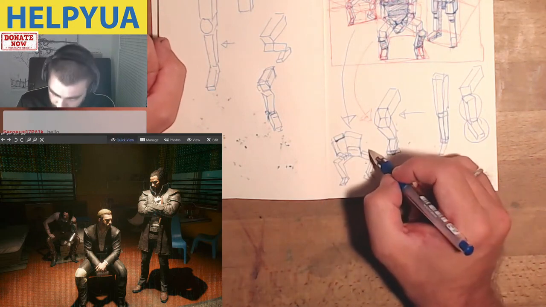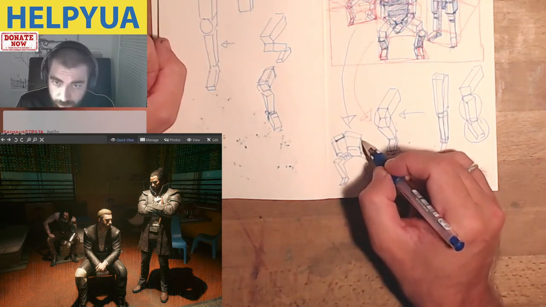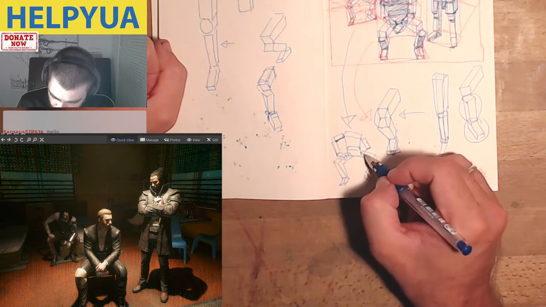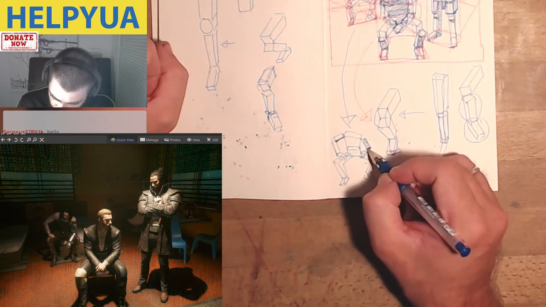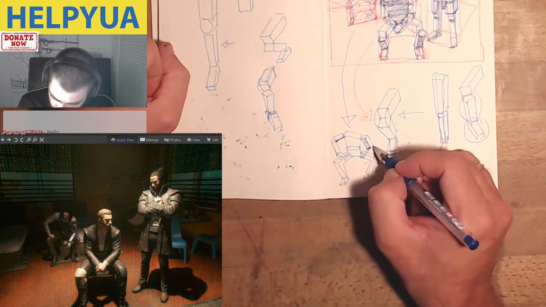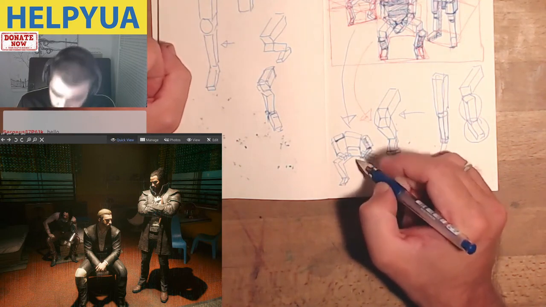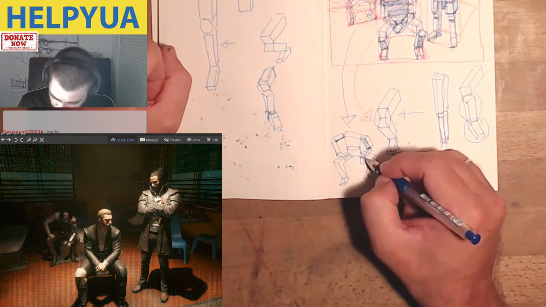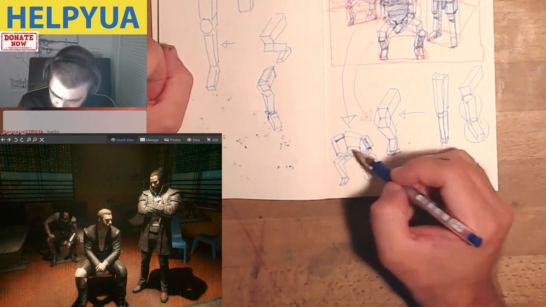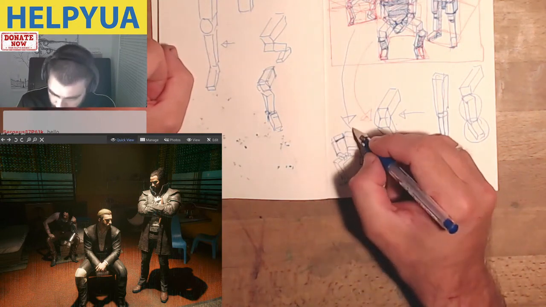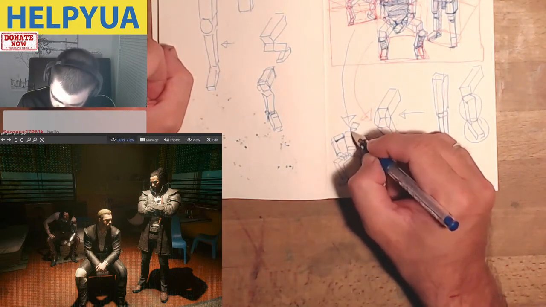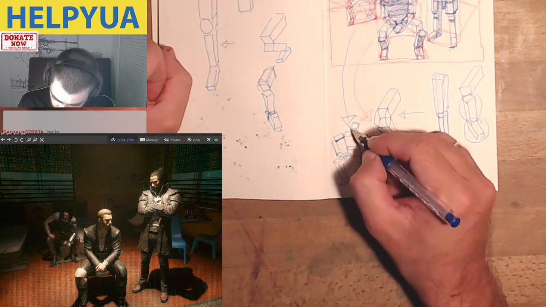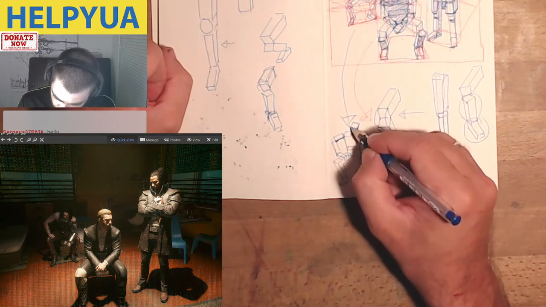And here we can see this biceps and this bent surface. And again it's pronation. And his head is kind of in this situation.